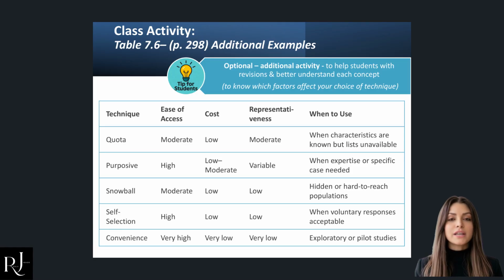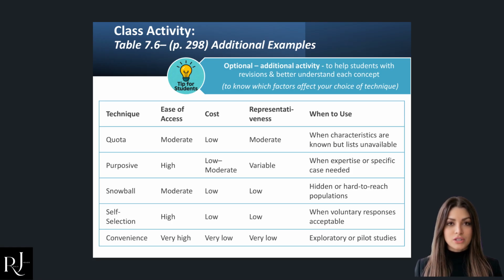Here is a quick summary for your revisions. Quota sampling is your best bet when you know the characteristics of a population but lack a full list. Purposive sampling is essential when you need specific expertise. Snowball sampling is the standard for hidden or hard-to-reach populations, such as niche professional groups.